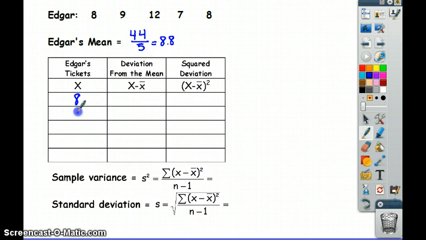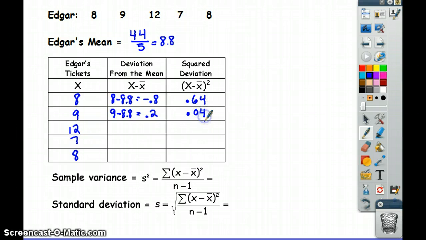So Edgar sold 8, 9, 12, 7, and 8. Let's find the deviation from the mean. How far off was he from his average? Well, here he was negative 0.8. Squaring that, once again, gives me a positive 0.64. 9 minus 8.8, once again, a very small difference, just 0.2 off.